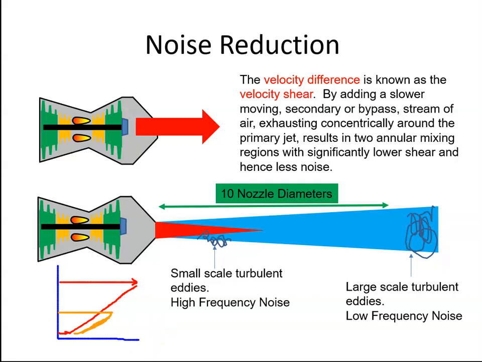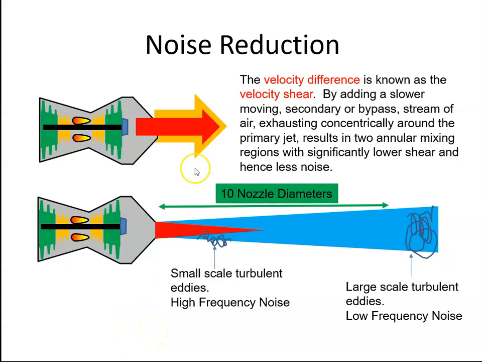So the idea would be to mix this primary jet with some secondary or bypass air and create an annular mixing region, and that will significantly lower shear and noise.